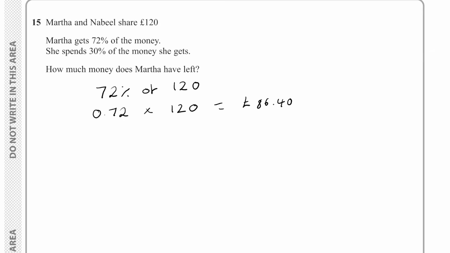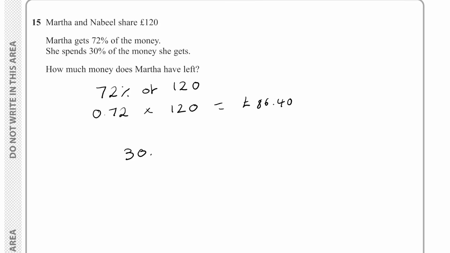She spends 30%. How much does she have left? So we need to take 30% of this away. So we've got two options. We can either work out 30% and then take it off, or we could just work out 100% take away 30%, which is 70%. I'll work out 30%. I'll do it in 2 steps.